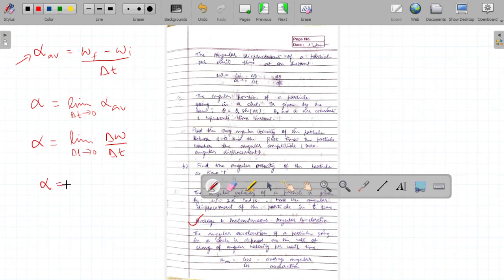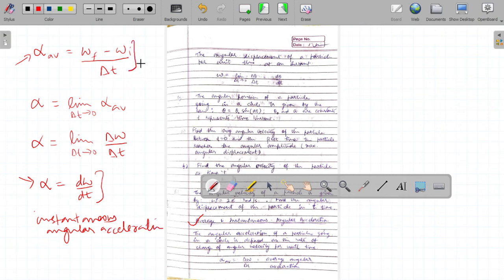So angular acceleration of the particle can be written as d omega by dt. That is the small change in angular velocity of the particle in some dt time interval, that should give us the angular acceleration of the particle. So this expression shows the instantaneous angular acceleration of the particle, and this expression shows the average angular acceleration of the particle.